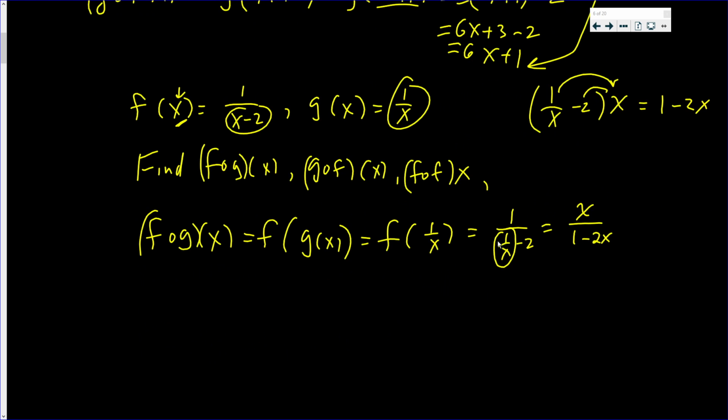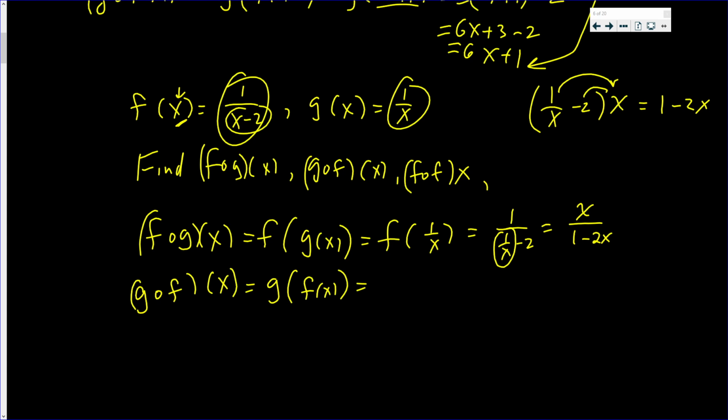What about the gof of x? What is g circle f of x? Well, it is g of f of x. f of x is that. It's 1 over x minus 2. And what does g do to what you put in the brackets?